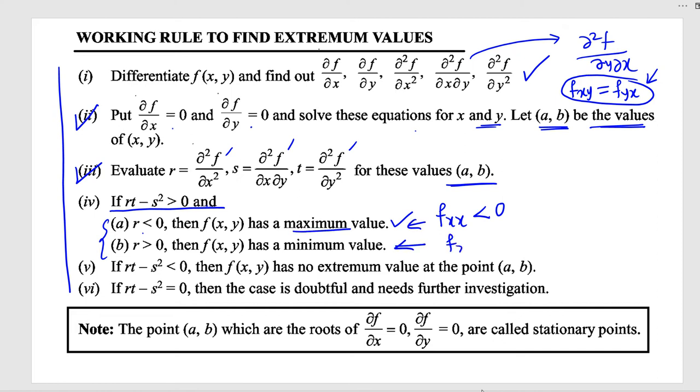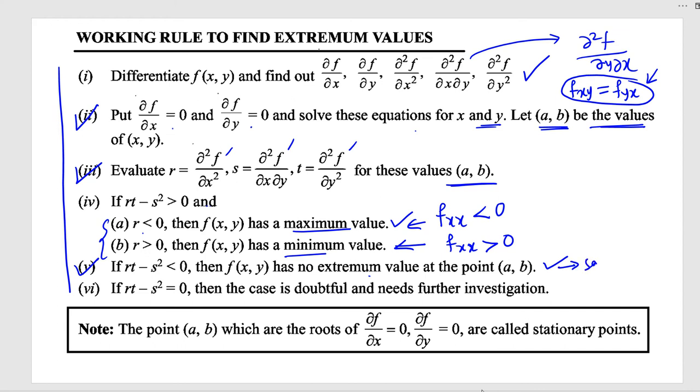And if fxx is greater than 0, then we have a minimum. But remember, we have to first calculate the determinant of the Hessian matrix. But if it is negative, then there are no extremum values.